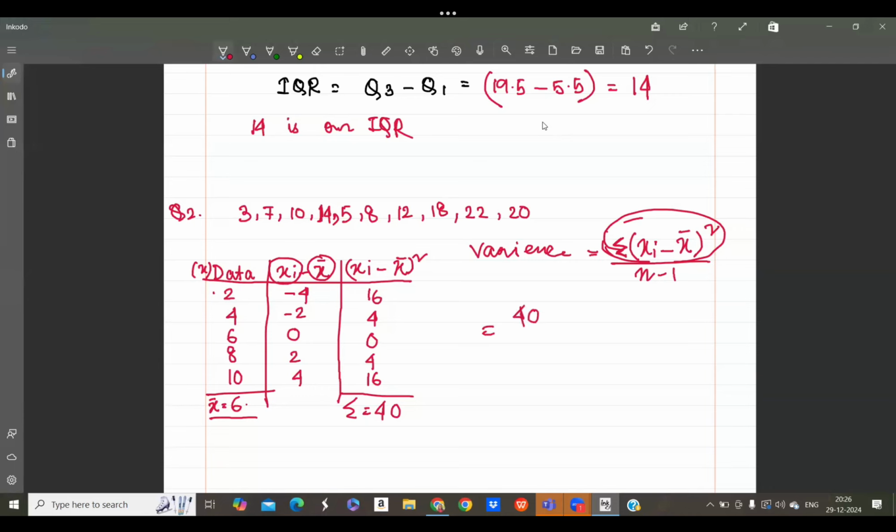And what would be the answer? N minus 1 ना मैम, तो 5 minus 1 मैम. So this is your variance. मैम n minus 1 तो यहाँ n की वैल्यू 5 है तो 5 minus 1 होगा ना मैम.